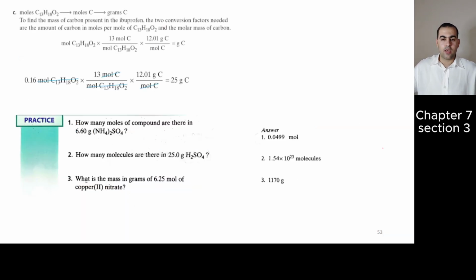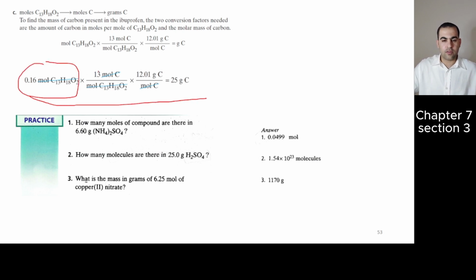These are the steps we do: moles of ibuprofen times the 13 moles of carbon in 1 mole. In 1 mole we have 13. What about in 0.16 mole? It's like a cross product. 0.16 times 13, times the molar mass of carbon.